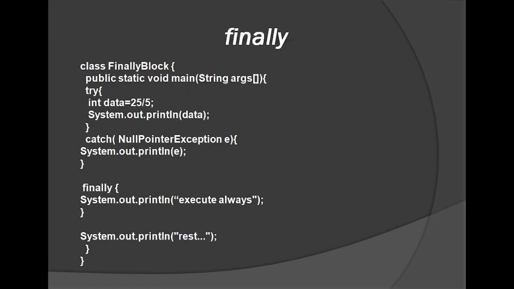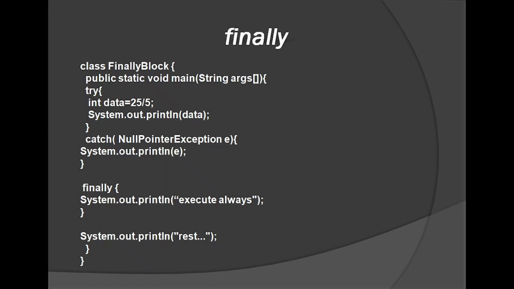That's an example of the finally block. The finally block always runs, whatever happens to the program, even if we write a return in the try catch. You will not find a case in which the finally block is not executed. Here's a simple example.